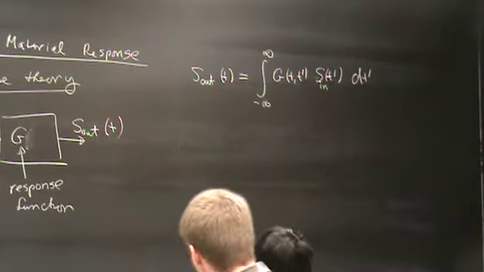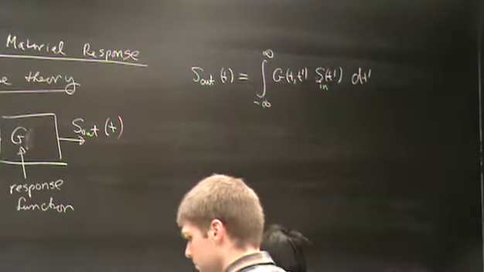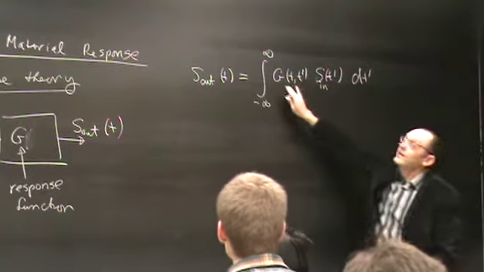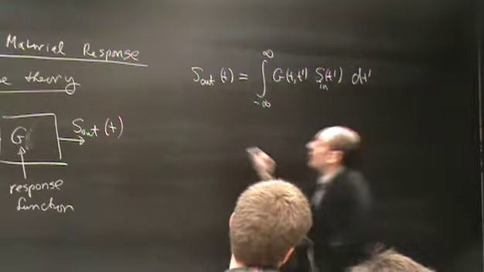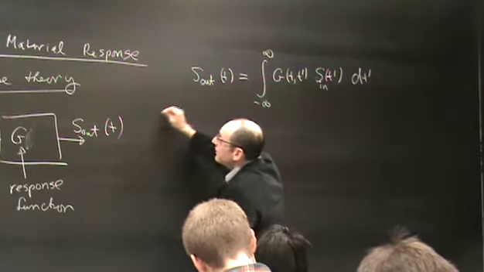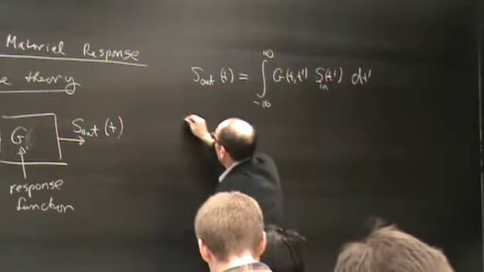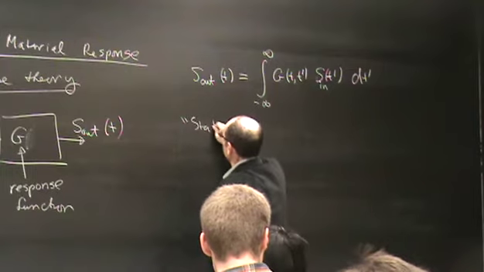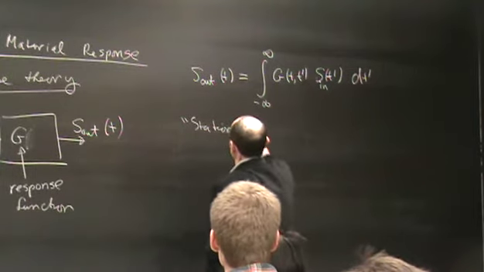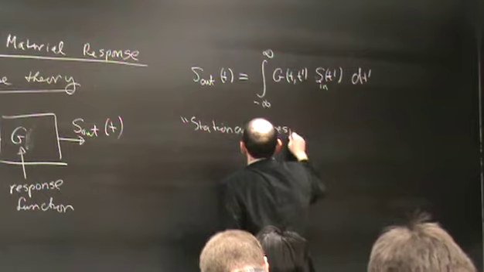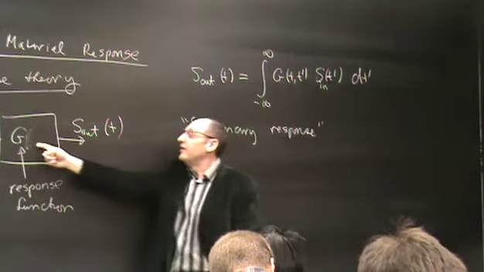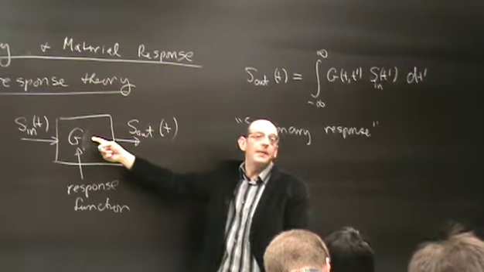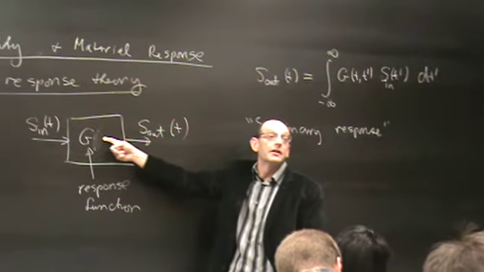Now we might want to demand certain other things other than linearity from this response function. Typically, we might be thinking about so-called stationary response, meaning that the nature of how this thing responds doesn't depend on the origin of time.